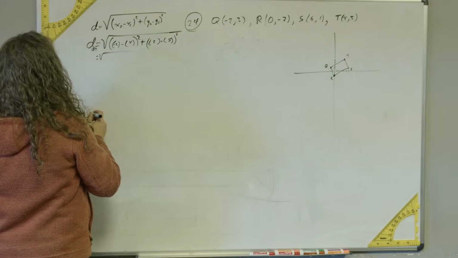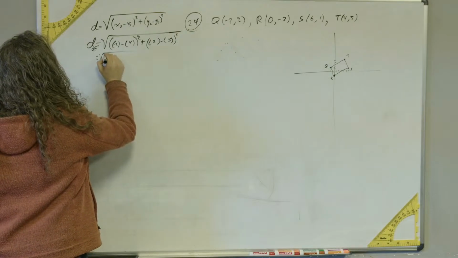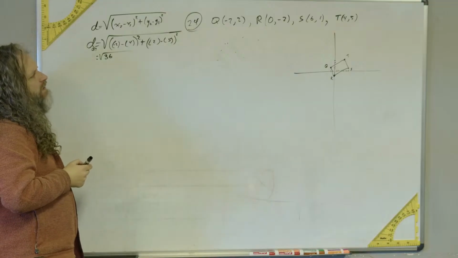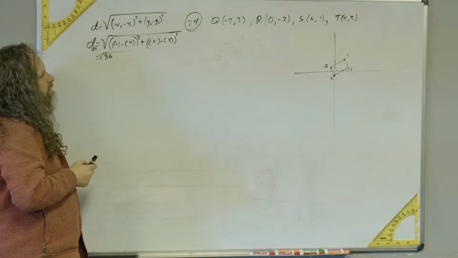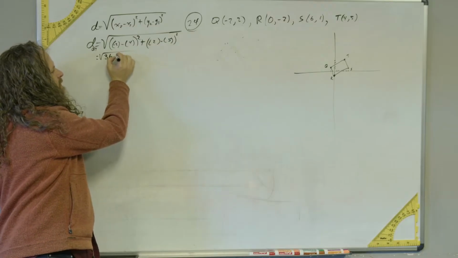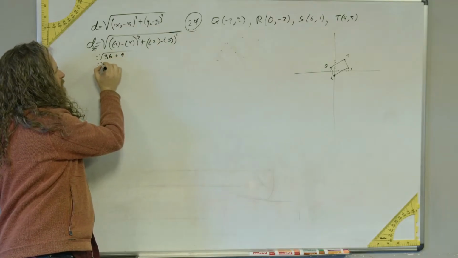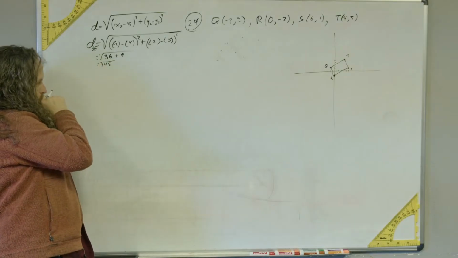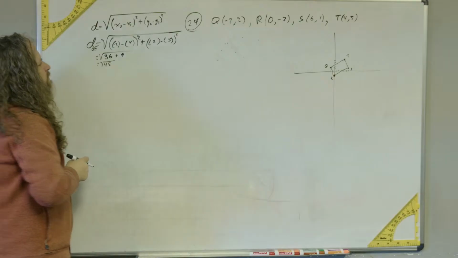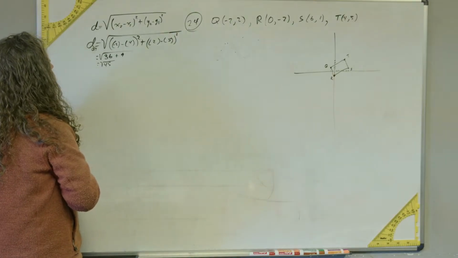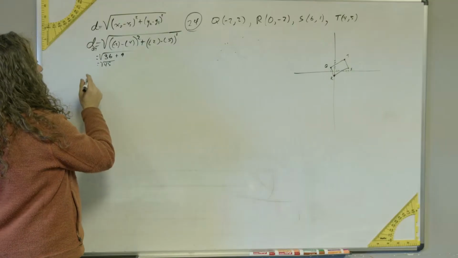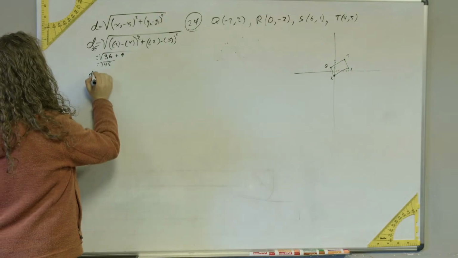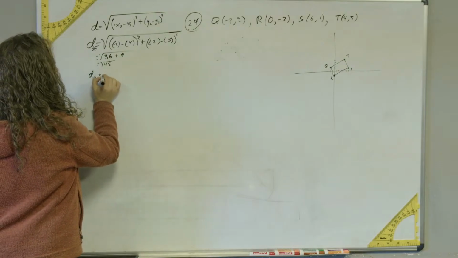What's -6 squared? 36. And then 2 minus 5 is -3 squared is 9. So it's square root of 45. Which we could reduce, I think. Yeah, but we don't care. And so that's QT. So we need RS is the one opposite that.